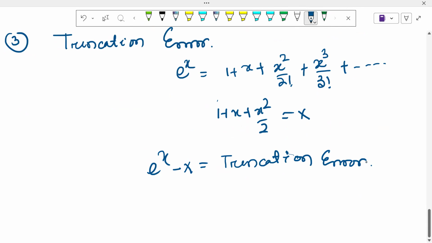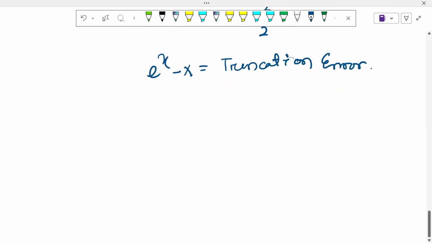The truncation error is a type of algorithmic error. Just to remember, let x be the true value and x dash the approximate value.